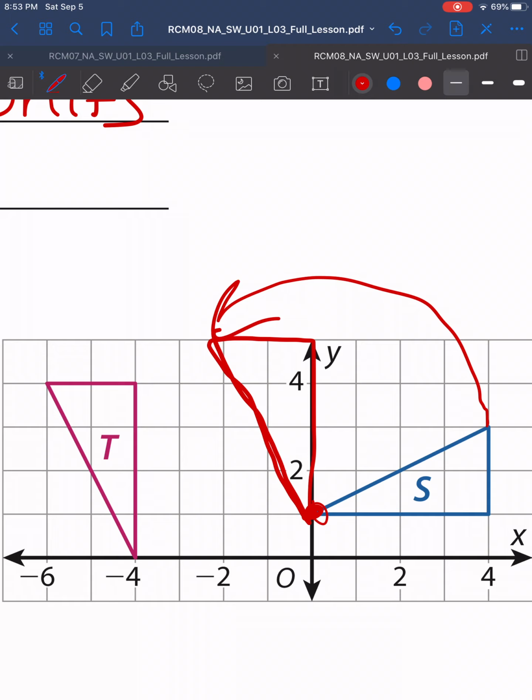So if I say rotate 90 degrees on the point that's touching the y-axis, and then what we could do is we could say we translate it, go from this point to this point. 1, 2, 3, 4. 4 units to the left, and then 1 unit down.